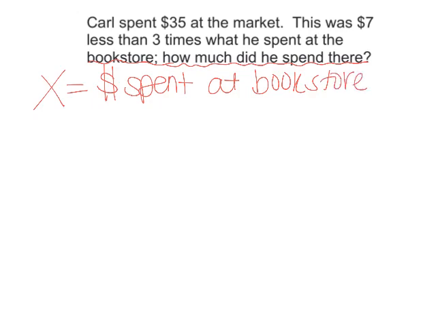Now let's find our keywords. So he spent $35. This is $7 less than 3 times what he spent at the bookstore. So after our equal sign, the spend is our equal sign, we have 35. $7 less than. Well, what is less than? It's a turnaround subtraction. So that means we're going to take this 7 and this 3 here, and we're going to put them in the opposite order.